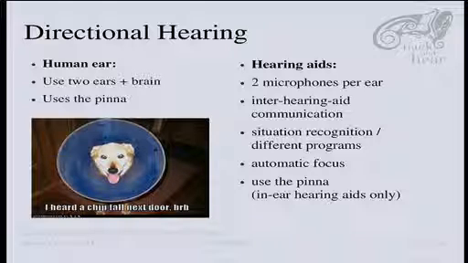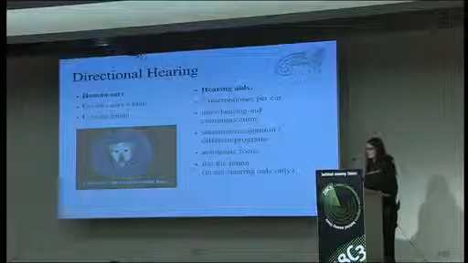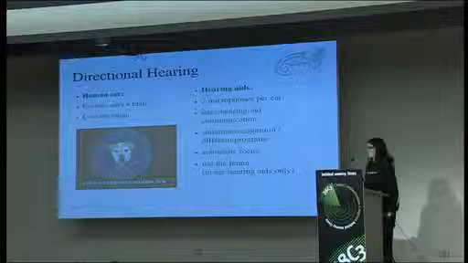Additionally, they try to recognize the situation and automatically focus on the person that is talking to you, and also reduce the background noise in general. The in-ear hearing aids I showed before, of course, can still use the features of the pinna.